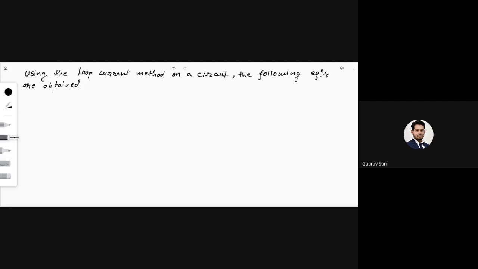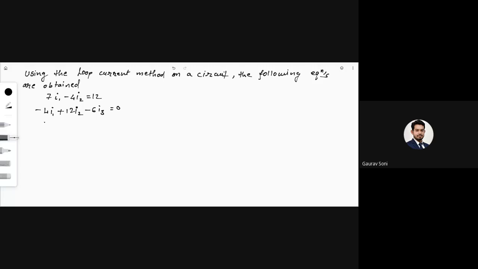The equations are 7 I1 minus 4 I2 is equal to 12, minus 4 I1 plus 12 I2 minus 6 I3 is equal to 0.